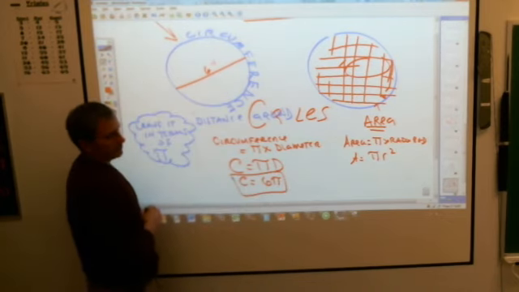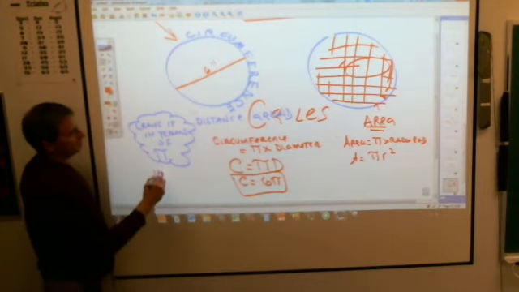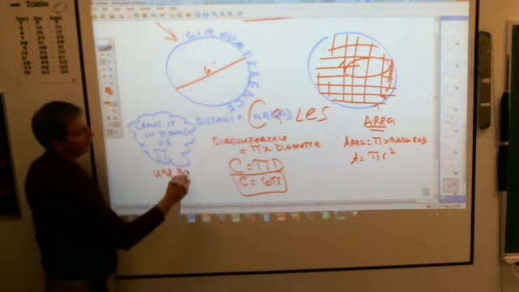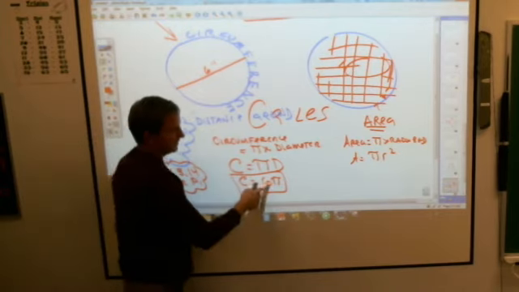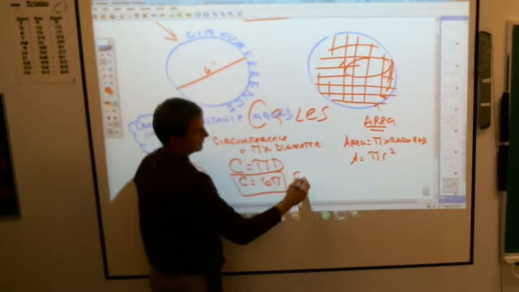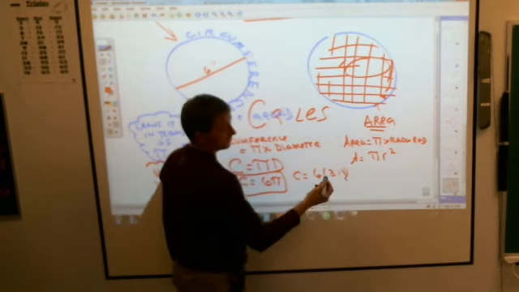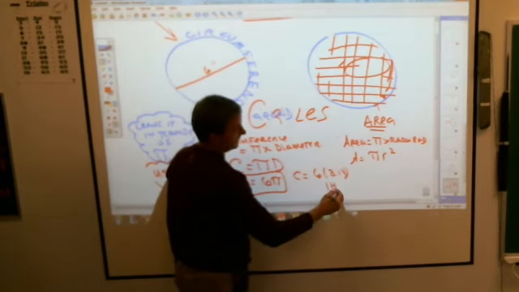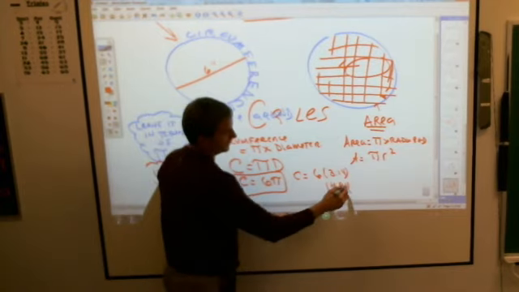That's option number 1. Option number 2 is they might say to use 3.14 for pi. If that's the case, you can't leave it like this. You have to actually take circumference and multiply 6 times 3.14, which gives you what? 18.84, whatever that is, inches.